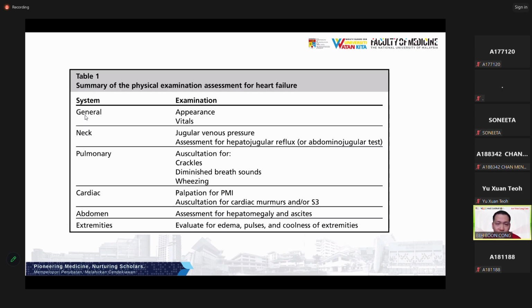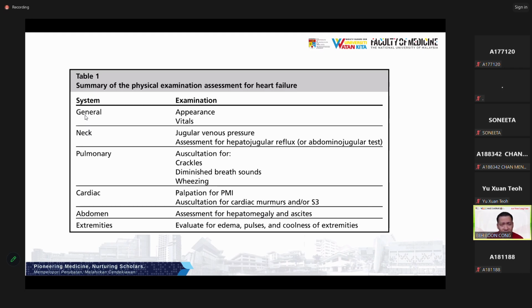So the most common one is your JVP. This is a common assessment, especially for those patients that are still in the ward. You can see the raised JVP, and don't forget about the hepatojugular reflex, which most of you always forget to examine during the exam.